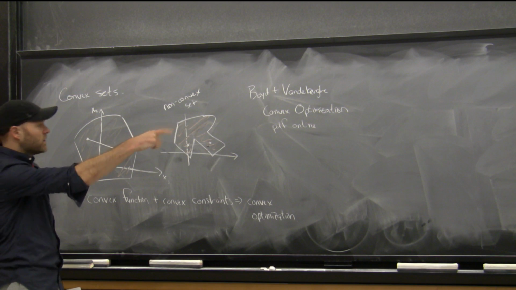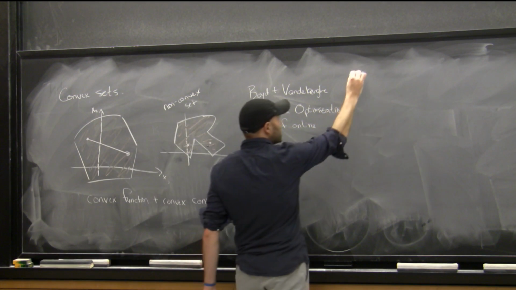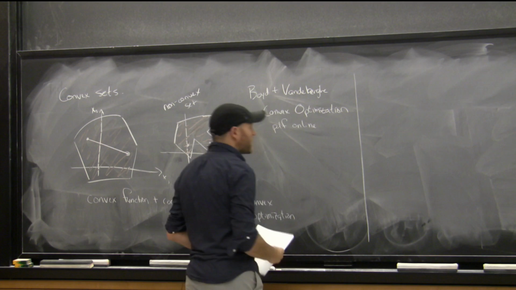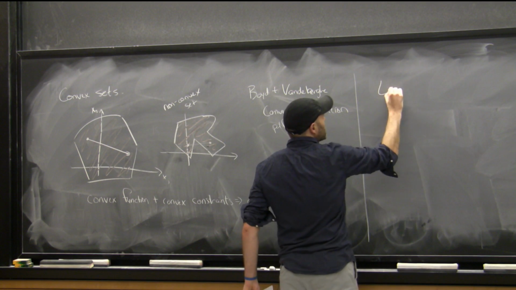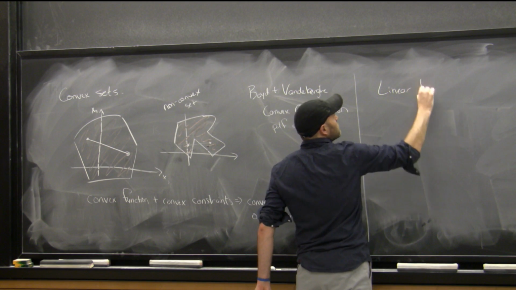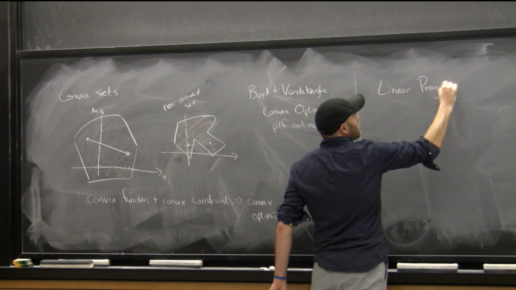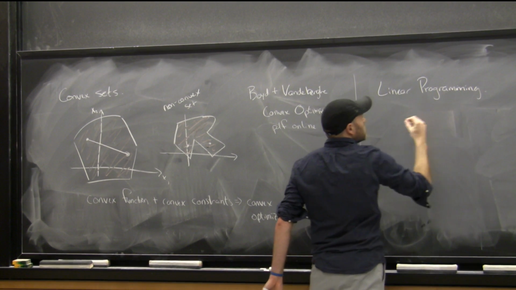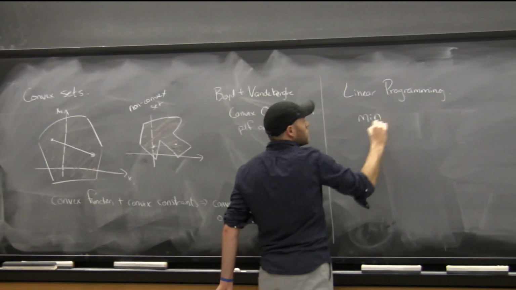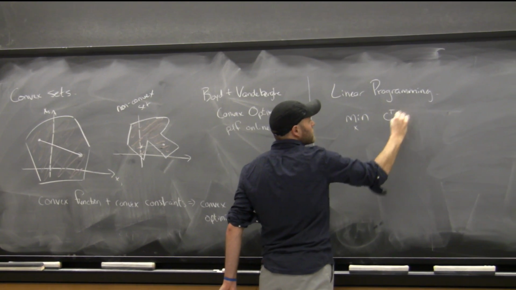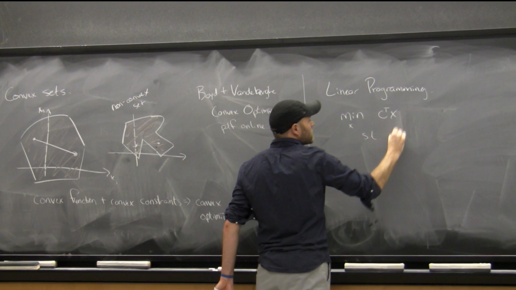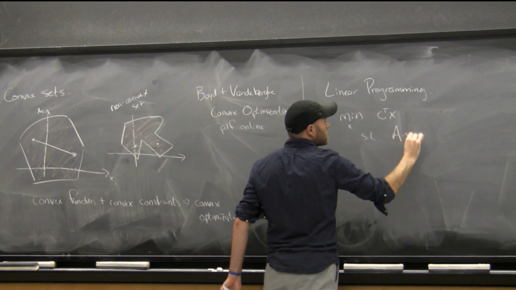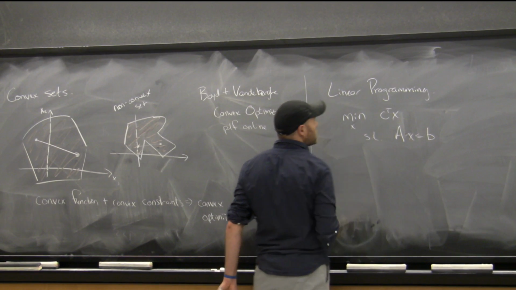Okay, so the two special cases of convex optimization that we're introduced to here are linear programming, which is minimize over x, c transpose x, subject to Ax less than or equal to b.